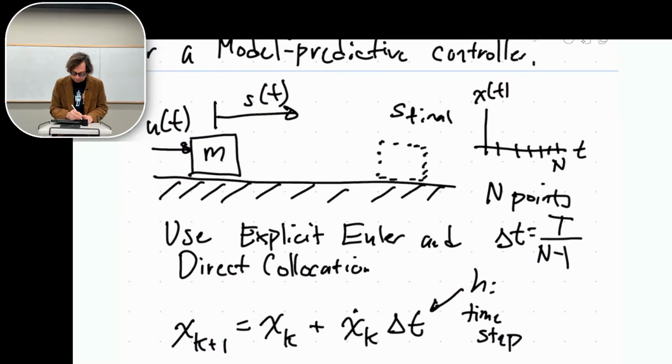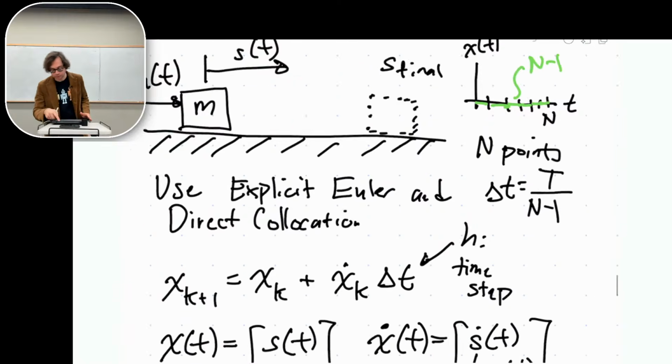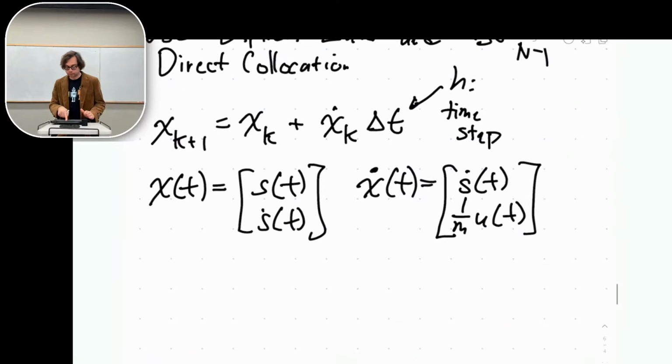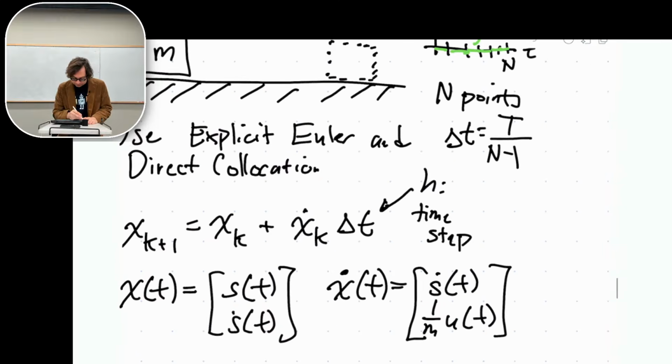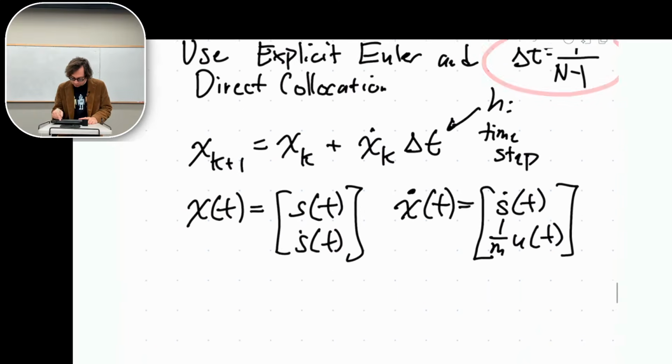That means the number of shots connecting points is n minus 1. That's where it comes from. All right, so we have that delta t is equal to T over n minus 1.